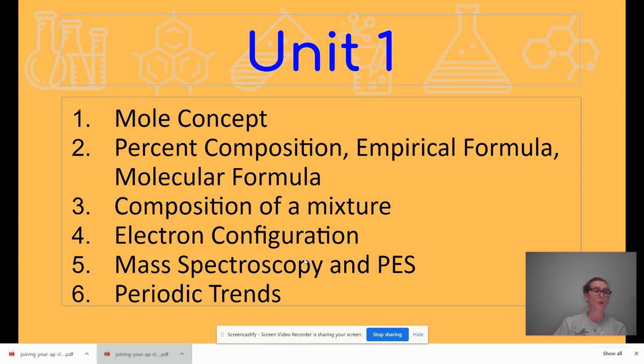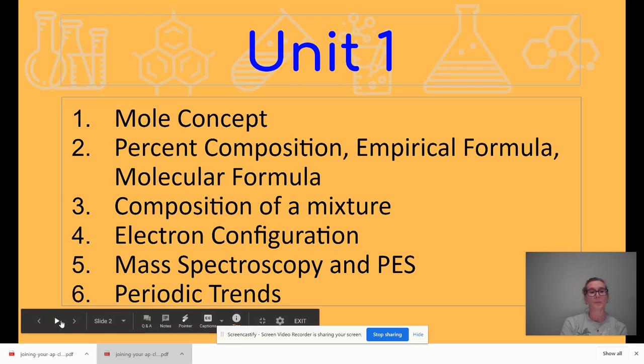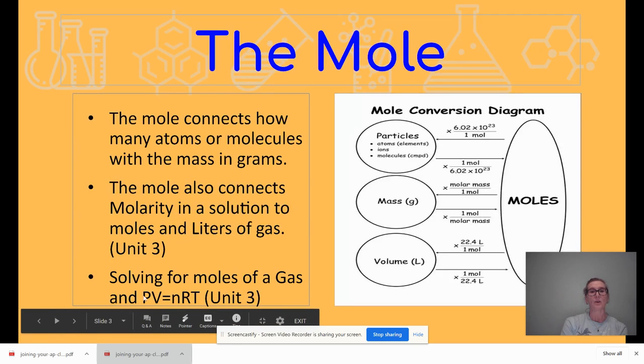Periodic trends, you probably covered that in pre-AP as well. Mass spectrometry and PES might be new for you. It's not a real common topic to talk about in most chemistry classes, so that might be new, but we'll go through that. And it's not too difficult. So this first unit should be a lot of review. Okay. All right, moving along.